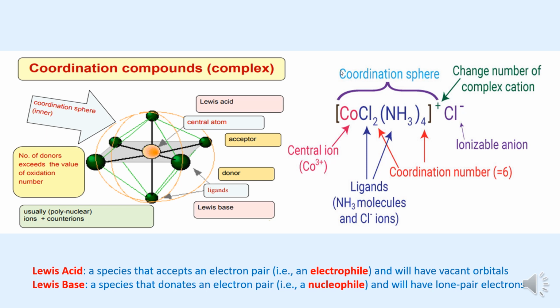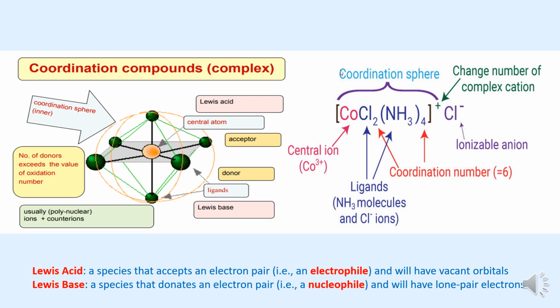The counter ion is used to neutralize the charge of the complex. The charge of the complex is +1. Therefore, we need a counter ion with -1 to obtain a neutral compound. The total charge of the compound is equal to 0.